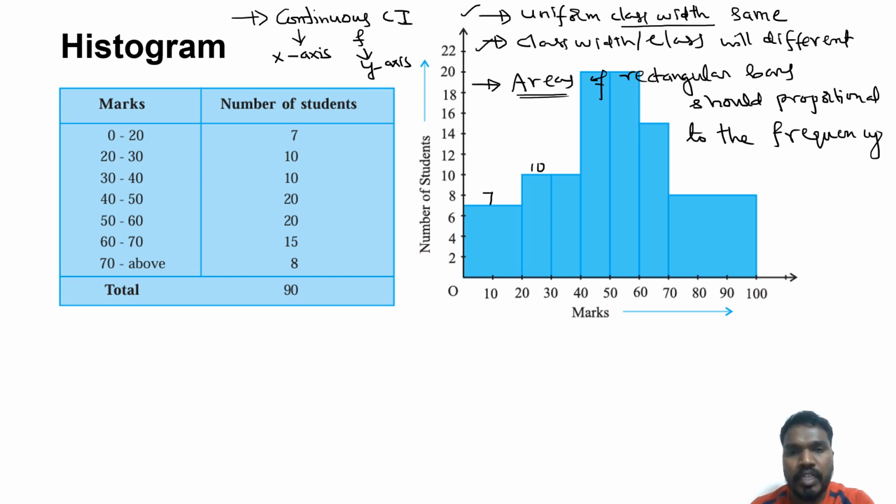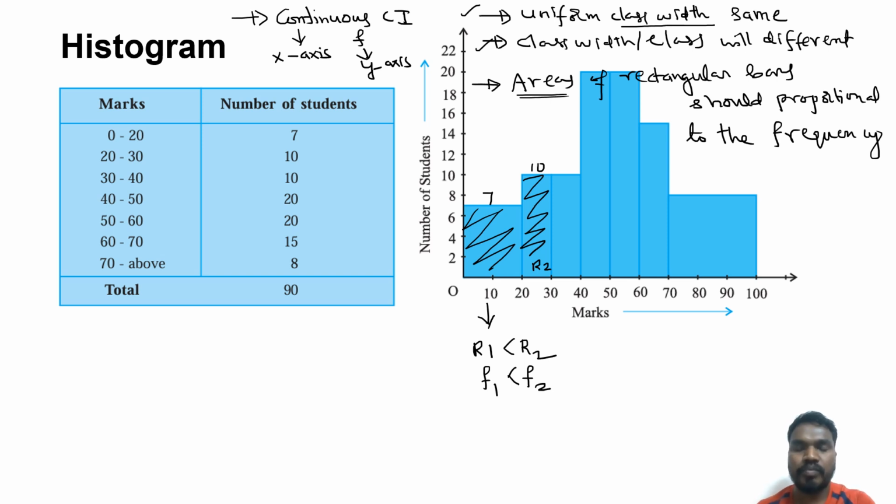That means if I find the area of this rectangle, let's say R1, and you find the area of this rectangle R2, then R1 should be less than R2. Why? Because it has a greater frequency than this one.